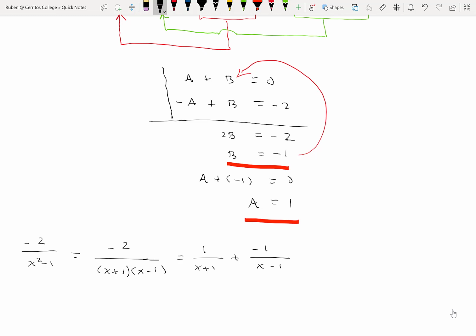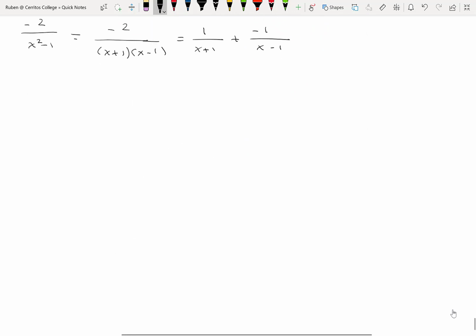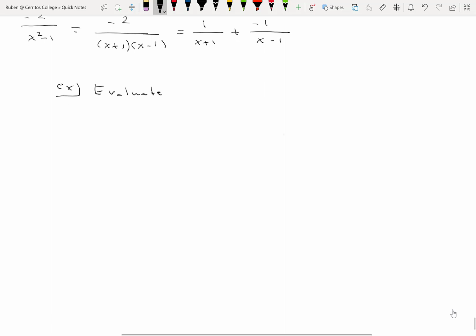So let's take a look at another example. We're still looking at case 1, Roman numeral 1. So I want to do another example with this Roman numeral 1 case where we have the denominator as the product of distinct linear factors.